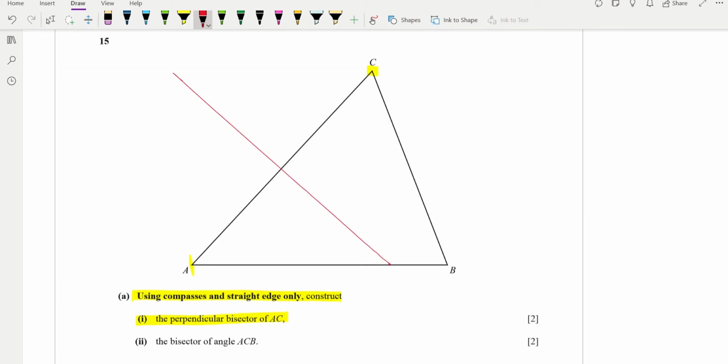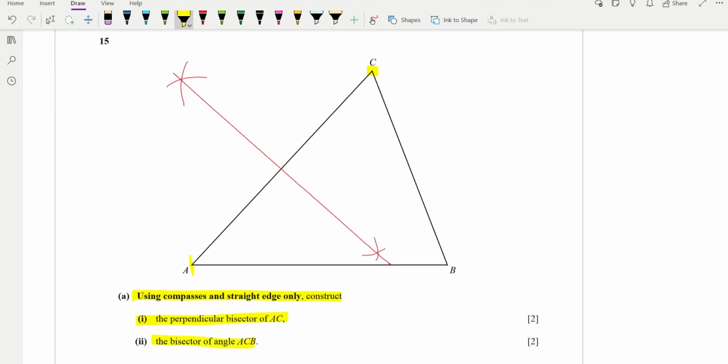These are the arcs we can show from here, and we will show arcs properly like this one and this one, and on the below side also we have to show arcs, which we will show with the compass. And then we have to draw the bisector of angle ACB.